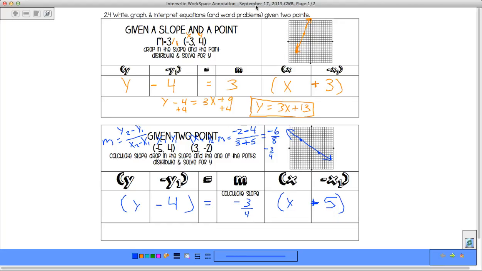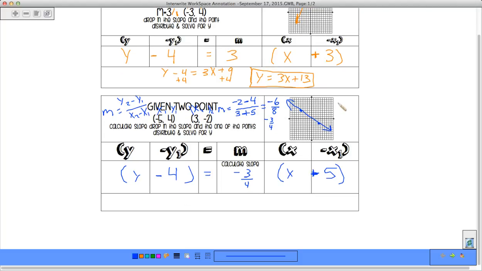All right. And we are going to solve for y. So we're going to distribute. That gives me y minus 4 equals -3/4 x. And then we want -3/4 times 5, which is going to be -15/4. If you don't like this, you can change it to decimal as an option. Also, when you add this over, you can just use your calculator. Add the 4 to both sides.